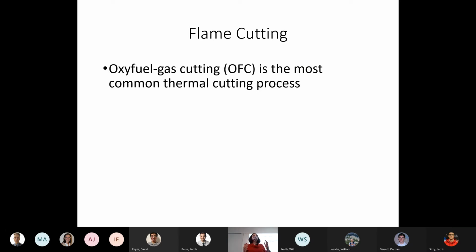So what we're looking at is basically melting and vaporizing some of the material. We have oxy-fuel, meaning oxygen and something else. Acetylene is the most common. So basically, we just have an oxyacetylene torch that you light.